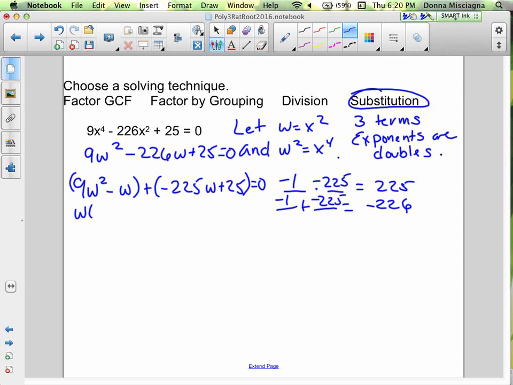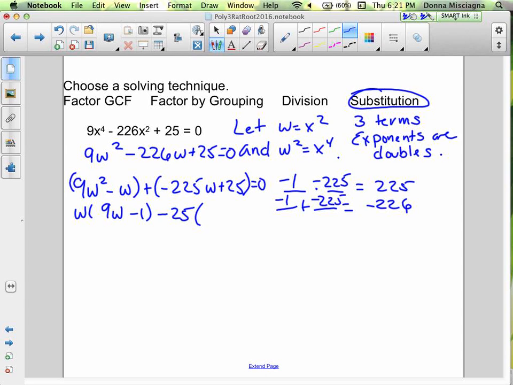All right, let's pull out the w. We have 9w minus 1. Obviously, they're both divisible by 25. Okay? If you said 5, it's not big enough. And we want negative 25 because we want a positive minus something. We don't want a negative and a plus. So we pull out negative 25.